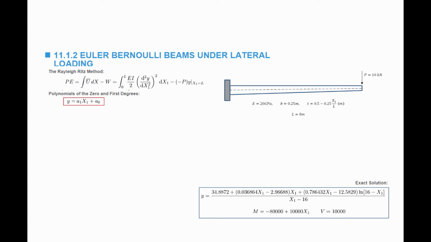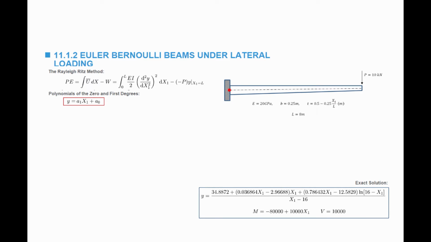First, we try polynomials of the 0 and 1st degrees. So for both, in order to satisfy the essential boundary conditions, or the boundary conditions of equilibrium for an Euler-Bernoulli beam, we need to find A0 and A1 that would satisfy that the displacement here is 0 and the rotation here is 0.